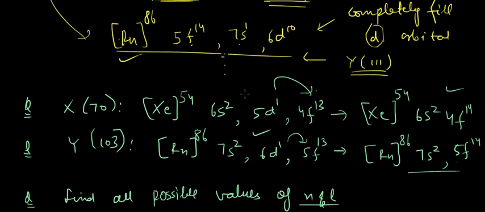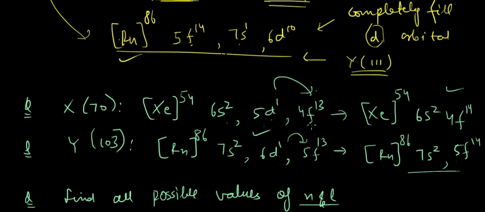Okay, so let's see another example wherein we have to write the electronic configuration of X with atomic number 70. So first write Xe54. The number of electrons left now would be nothing but 16. So you can just put in 6s2, then 5d1. First the electron would be entering the D subshell and then the F subshell.